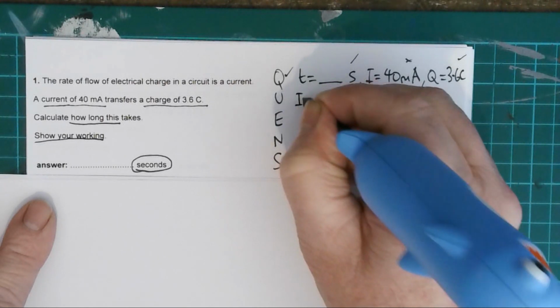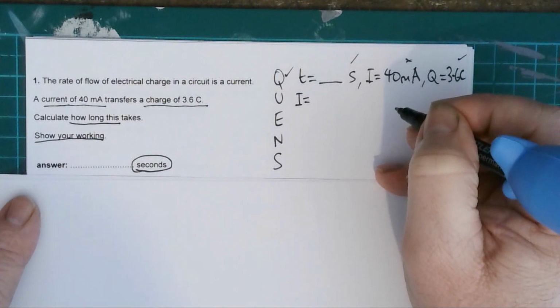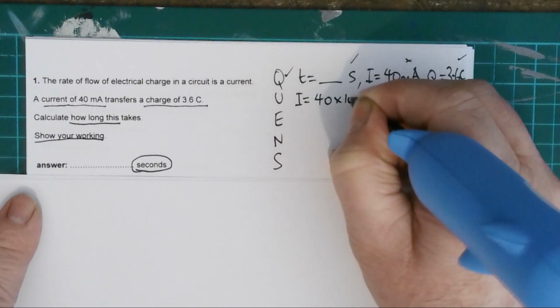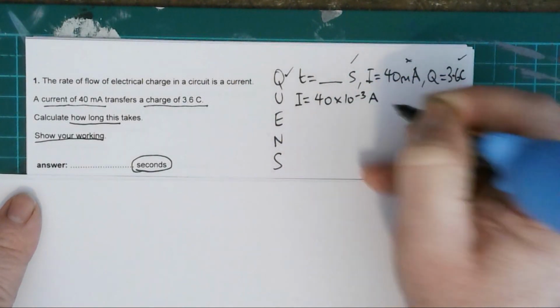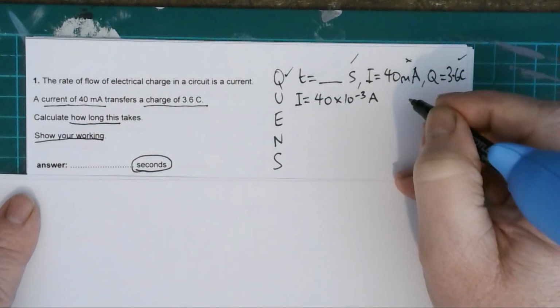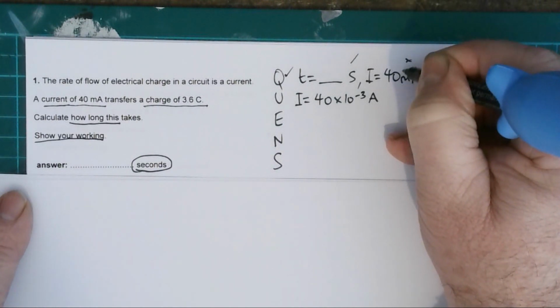So current is not 40 milliamps. Milli is times 10 to the minus 3. So I could just say 40 times 10 to the minus 3 amps. That'll do, that's one mark. Or I could just move the decimal place 3 times. The decimal point when I've got 40 is here.